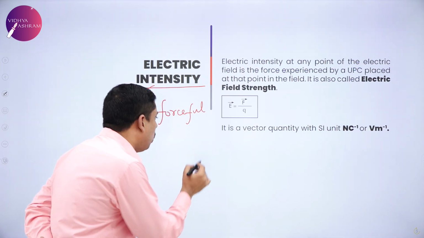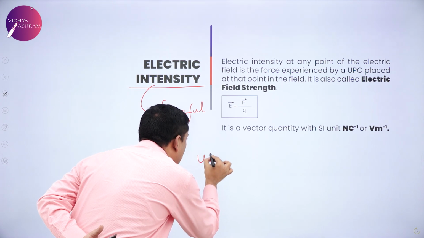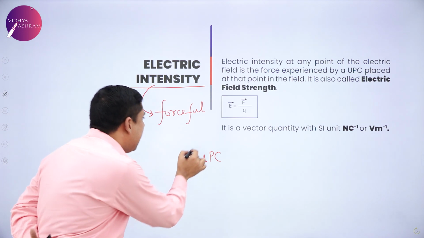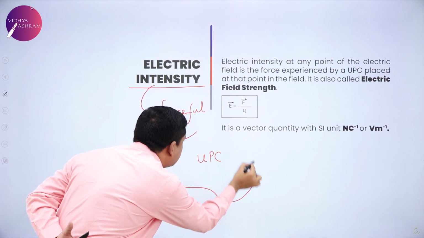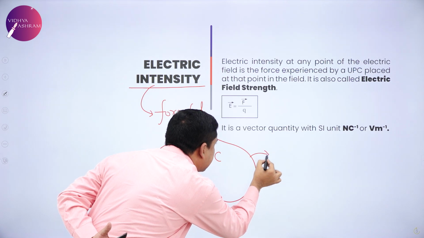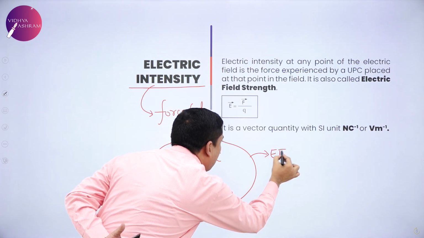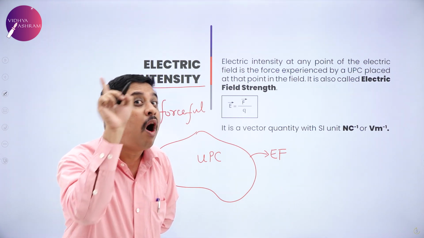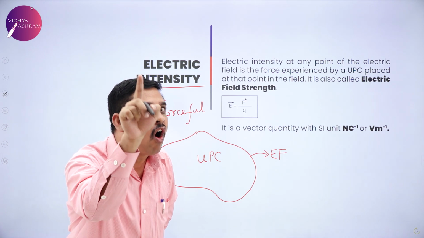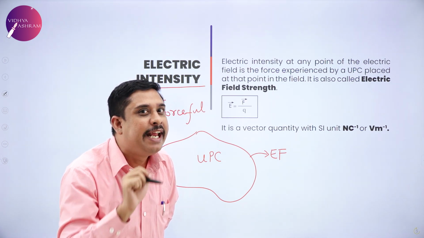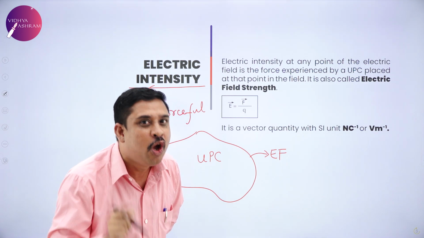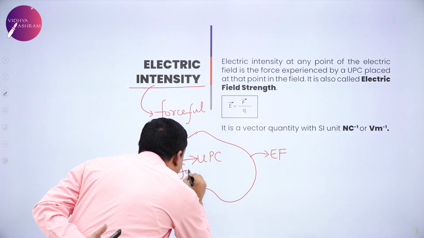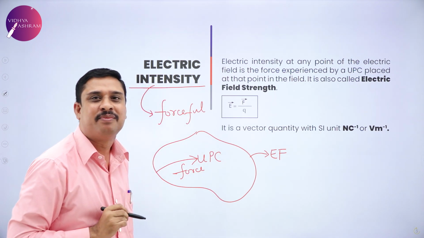Now, we said there is a unit positive charge, a UPC, and there is a certain space or region surrounding it, which we call the electric field. But under what criterion can I call that space or region an electric field? Only if this region is exerting some force on the UPC.